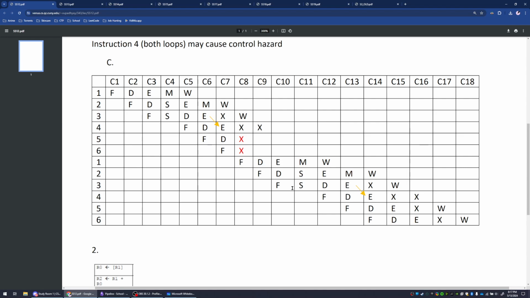And then branches, there was no branch prediction in this question, but basically the branch is either correct or incorrect, and then you flush two lines.